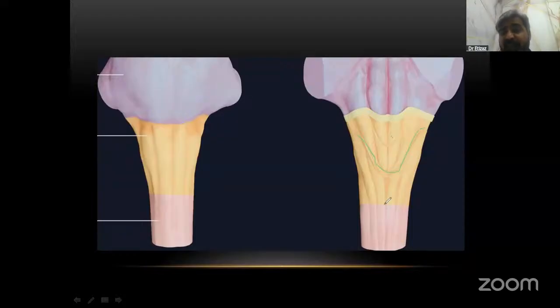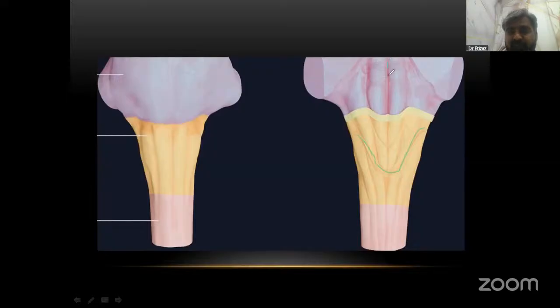The superior portion forms part of the floor of the 4th ventricle. This is very important. It is almost a mirror image of the posterior surface of the pons. When we look at this one, look here. This is the same.